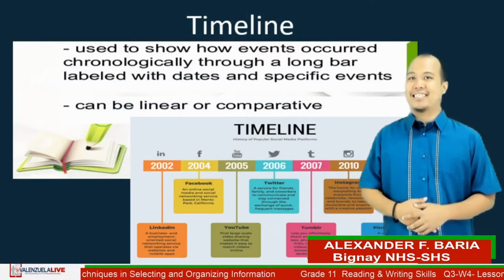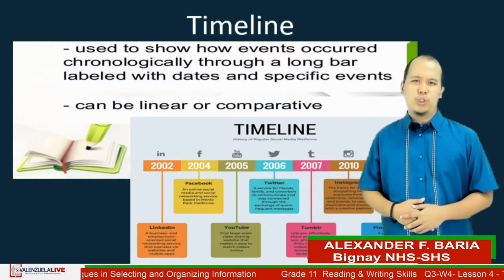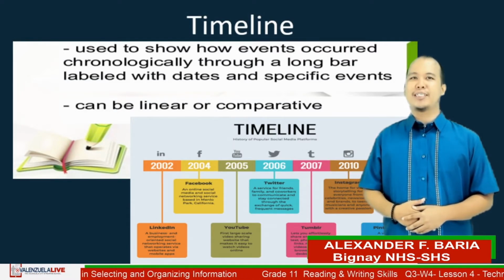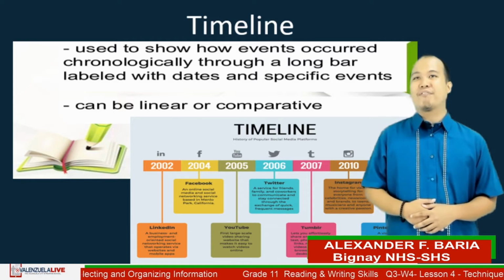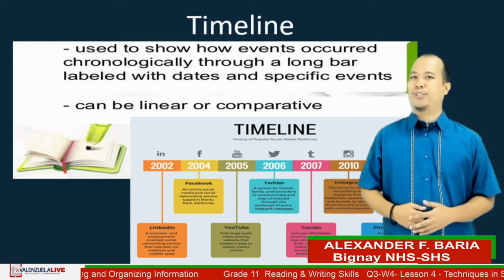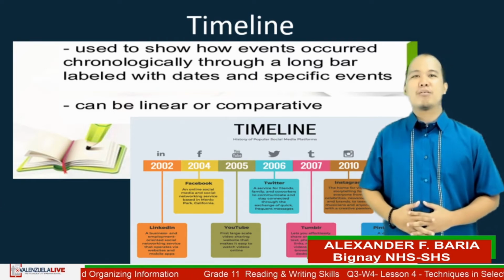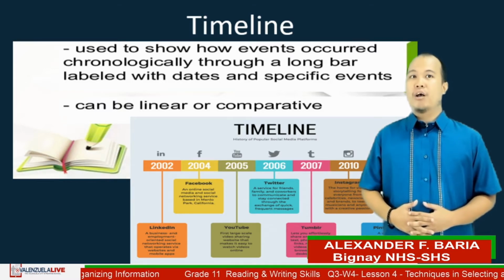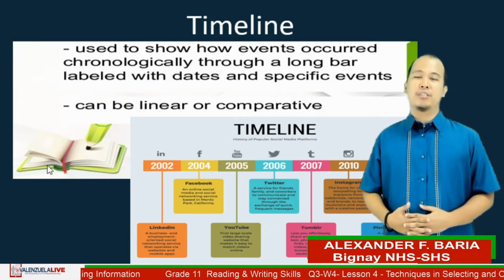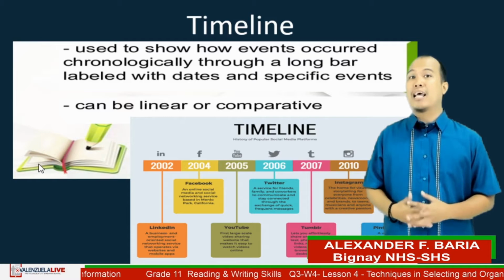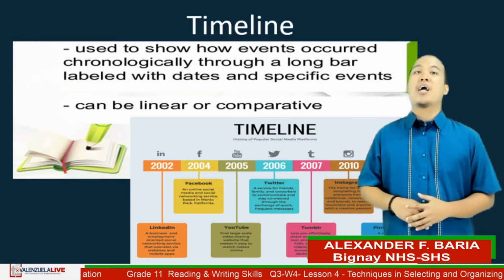Timelines are next. These are very useful in sorting information, especially in indicating the flow of events and historical happenings. It shows events chronologically through a long bar of labels of dates which can be both linear or comparative.